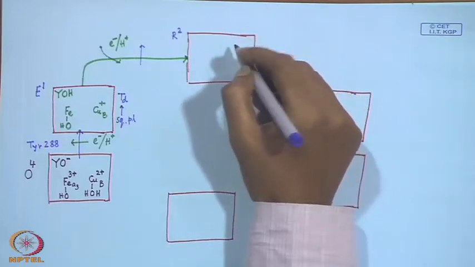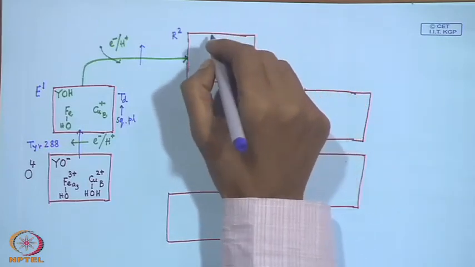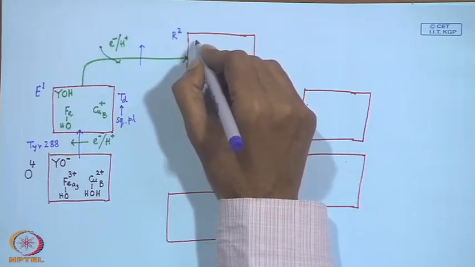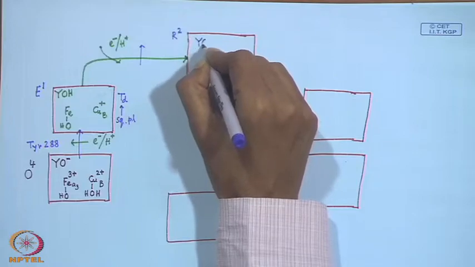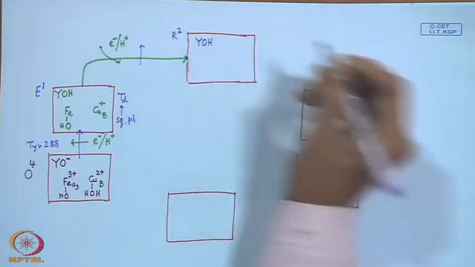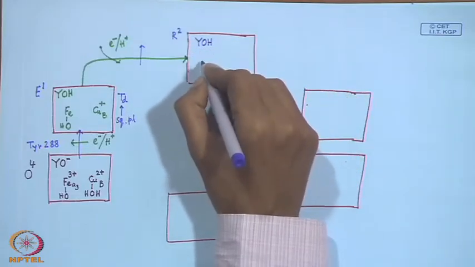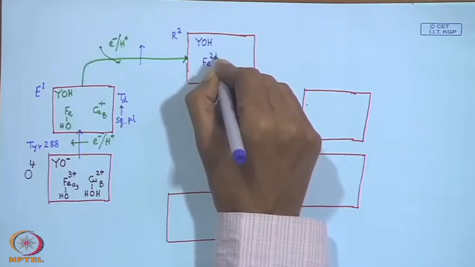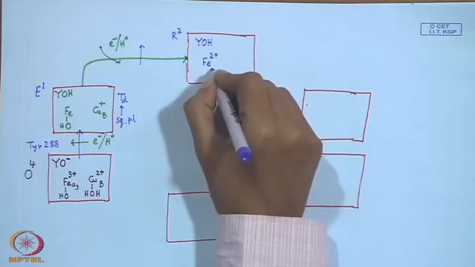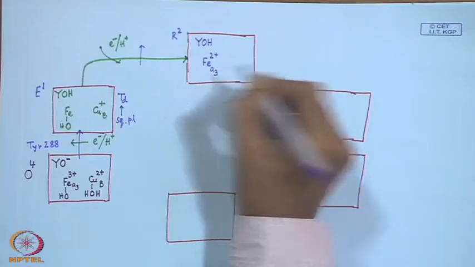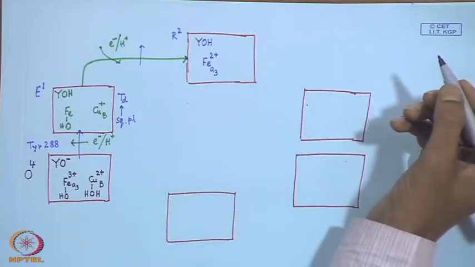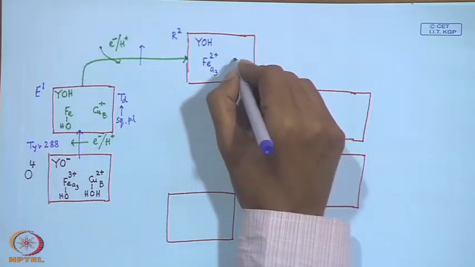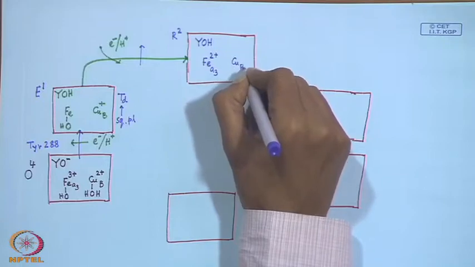So when we move to your R2 state, you still have YOH, that means the tyrosine in the protonated form, and now the second electron goes to your iron site. So your Fe3 iron is now reduced to Fe2 iron, which is based on the heme A3, and you have copper B.